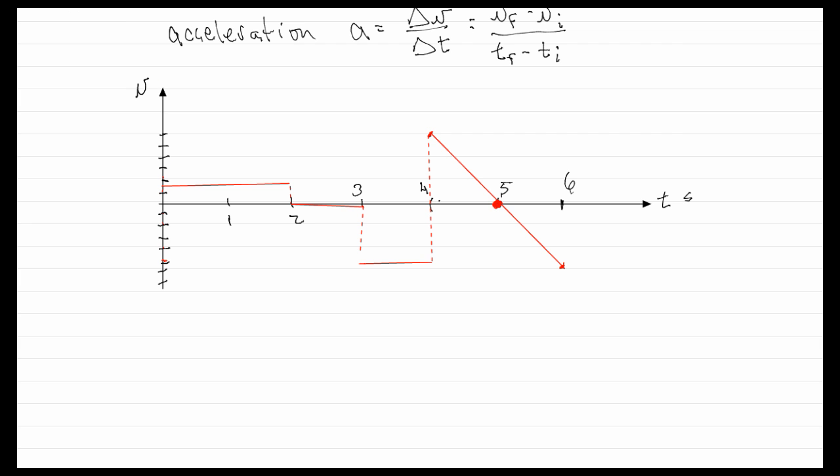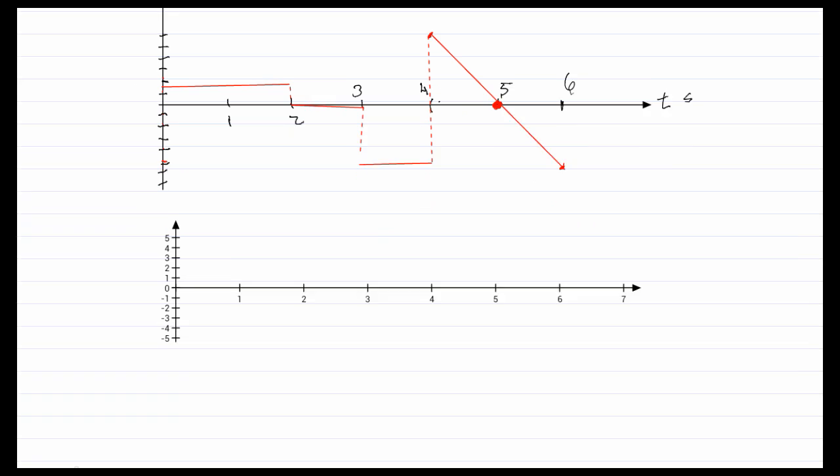If you just bear with me for a minute or two, I'll get an axis going here. There we go. Okay, let's plot it. Here is our graph. You know what? I want to make it bigger.